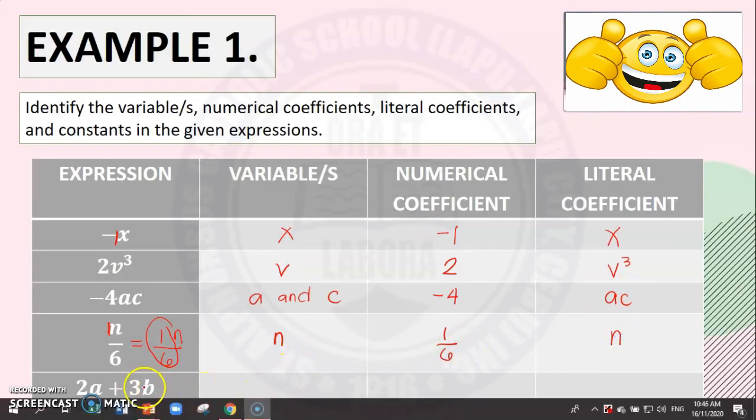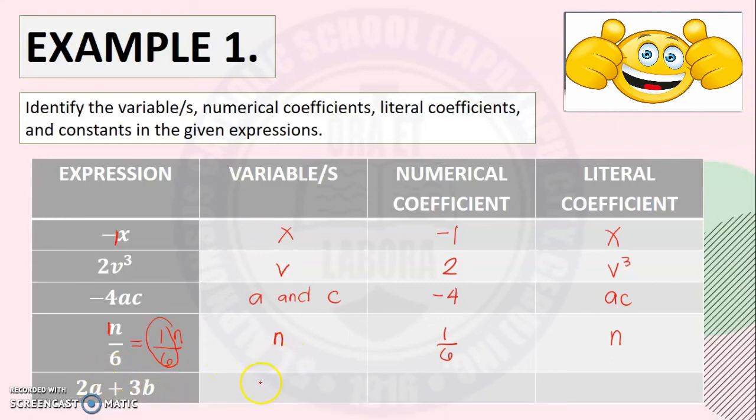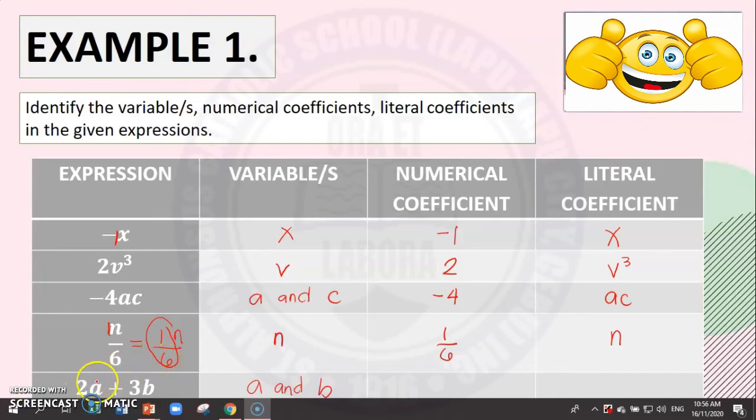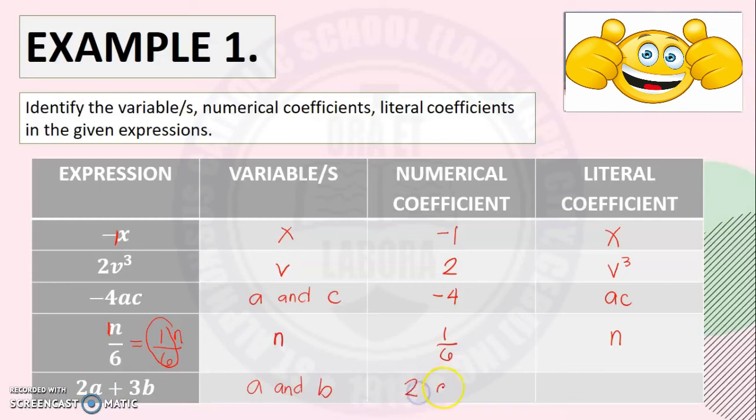Now let's proceed to our fifth example, 2a plus 3b. The variables used in this expression are a and b. We have two numerical coefficients: the numerical coefficient of the first term, which is 2, and the numerical coefficient or the numerical factor of the second term, which is 3.